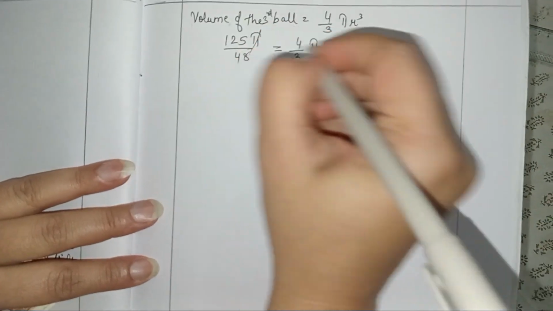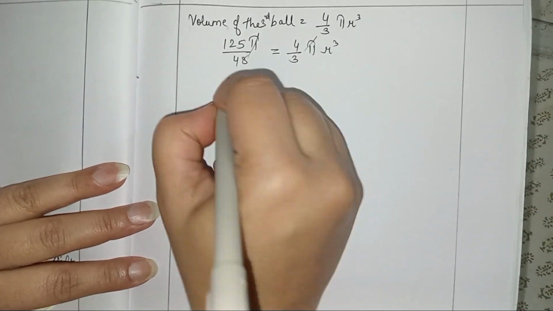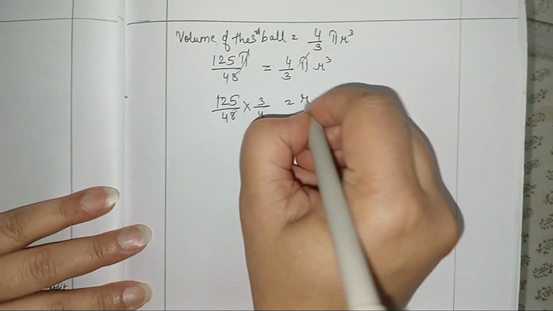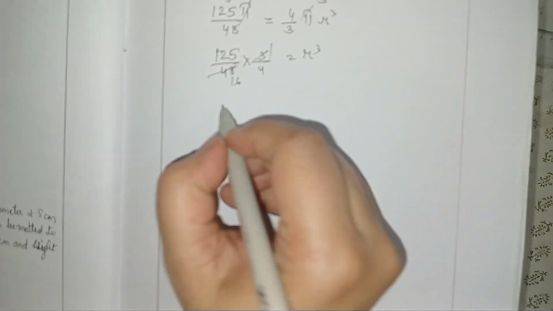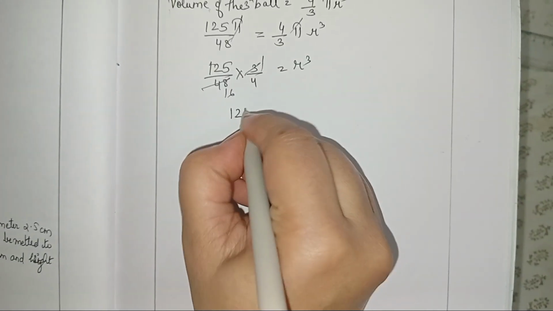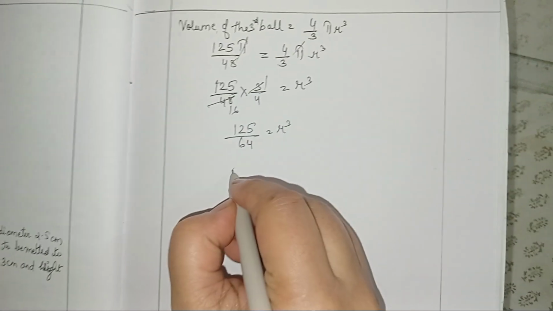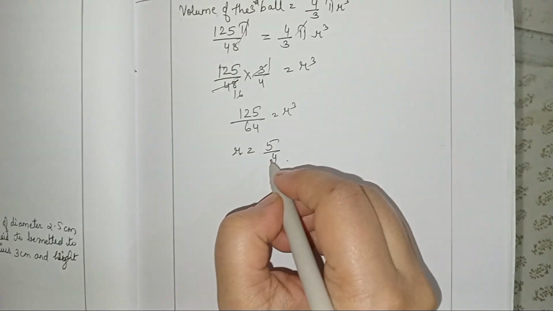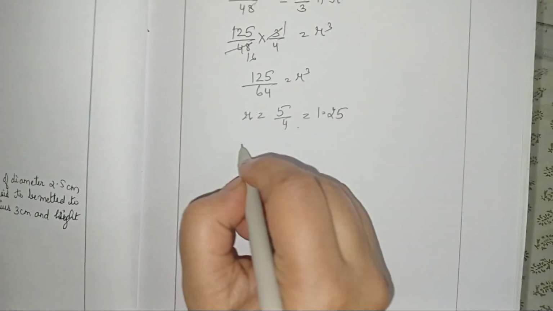Pi gets cancelled with pi. This will give you 125 over 48 into 3 over 4 is equal to r cube. 3 ones are 3, 3 16s are 48, which will give you 125 over 64 is equal to r cube. r will be 5 over 4, which is equal to 1.25.